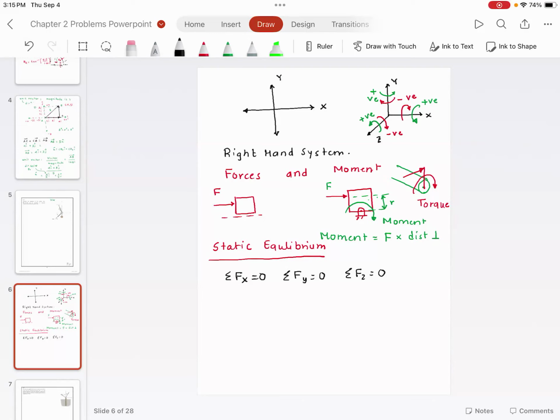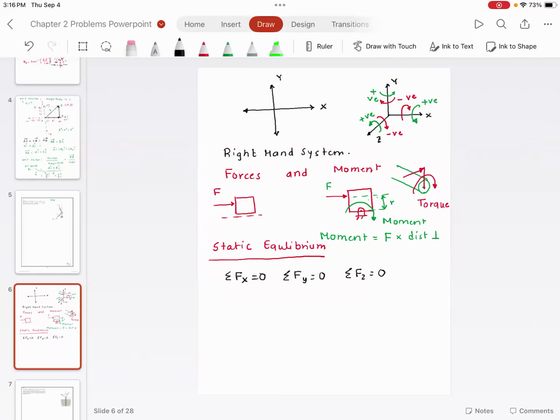Any questions about that? Similarly, if all the counterclockwise moments are cancelled by clockwise moments, then the object will be in moment equilibrium. What do I mean? For example, look at the triad that I have drawn.